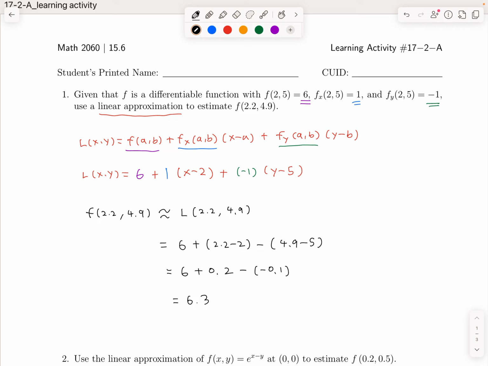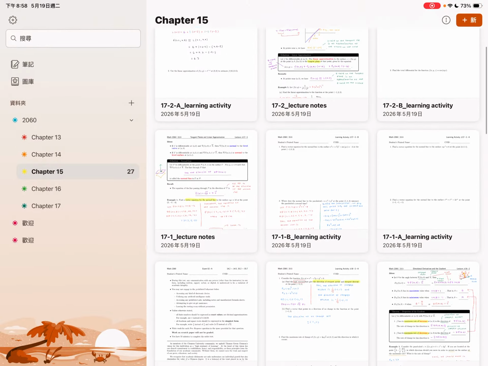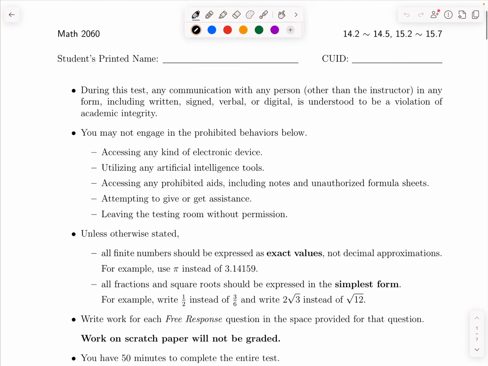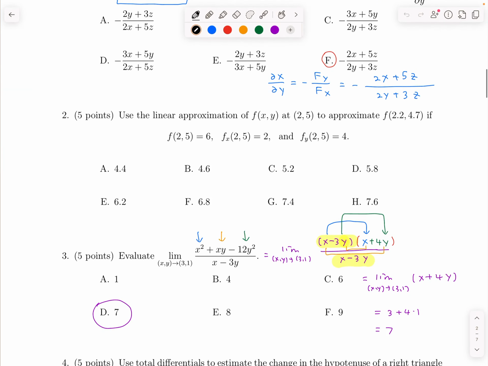Okay, let's practice one more. We would like to take a look at exam 2 from spring 2025, multiple choice question number 2. We want to use the linear approximation of your function f of x comma y at the point 2 comma 5 to approximate f of 2.2 comma 4.7.